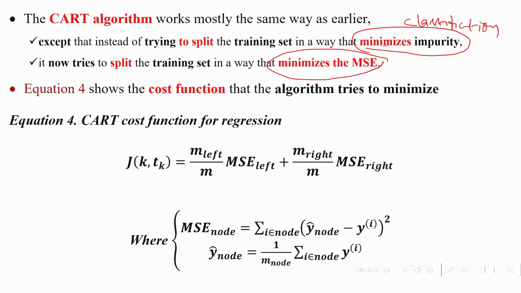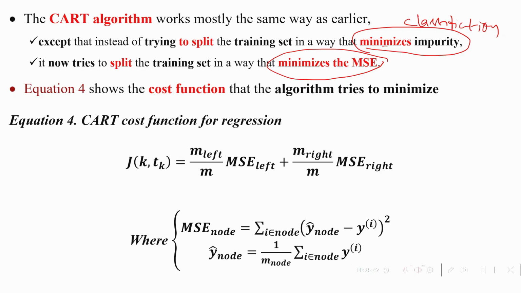The cost function for regression is J(k, tk) = m_left/m * MSE_left + m_right/m * MSE_right. That means the total number of elements in the left subtree divided by the total number of elements in the entire tree, times the mean squared error of the left subtree, plus the total number of elements in the right subtree divided by the total number of elements in the entire tree, times the mean squared error of the right subtree.